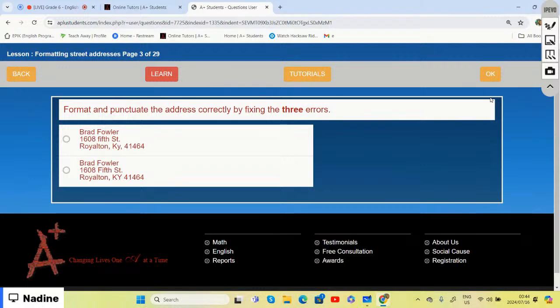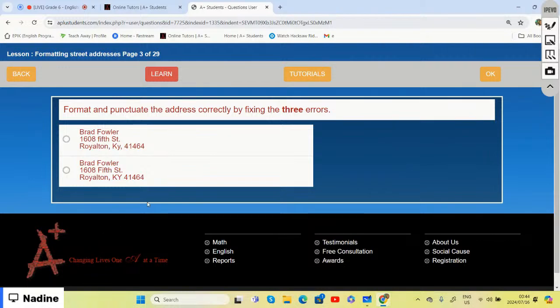We need to basically select the three errors and we choose the correct one. All right, the first one says Brad Fowler.